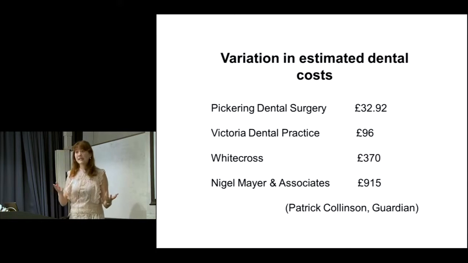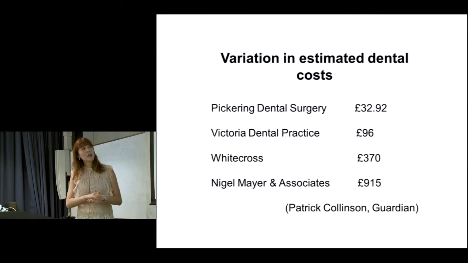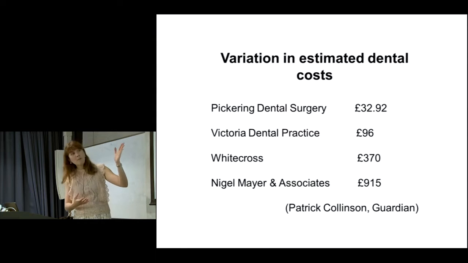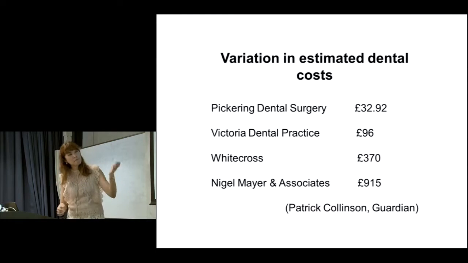He took his mouth basically to 4 different dental practices, and he just went along and said, "What can you do for me?" And so he went to these 4 different dental practices, and they quoted him on the same day these different figures for work he needed for his mouth, his teeth.